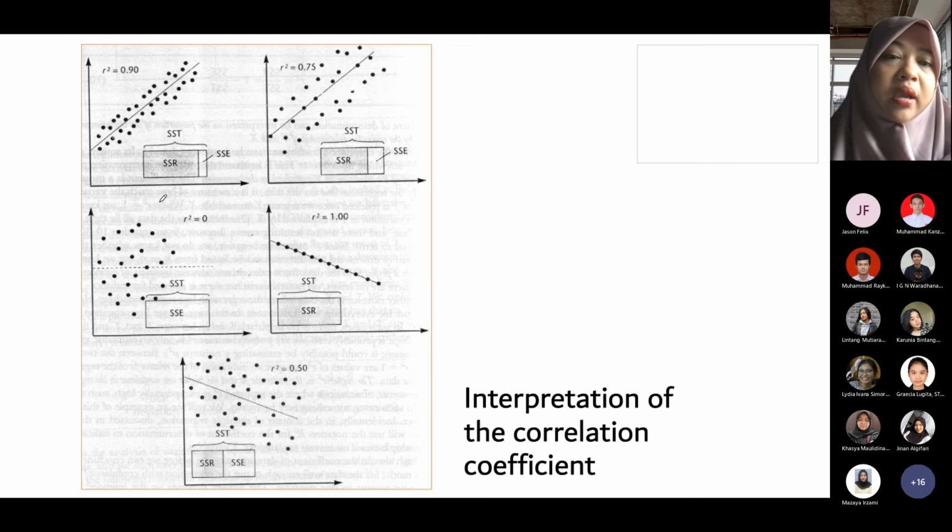This one the value is 0, sorry, because it doesn't have any trend at all. So this is the error of error. And this is 1, where the total is based on the residual, and this one is 0.5. So you can see the quality interpretation of correlation coefficients from the good one to a very bad one here. Basically, more than 0.9 is quite a good correlation.